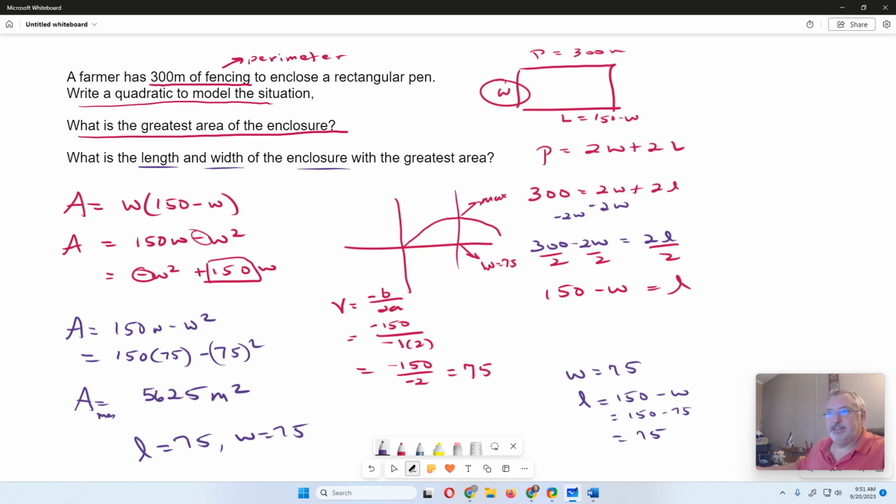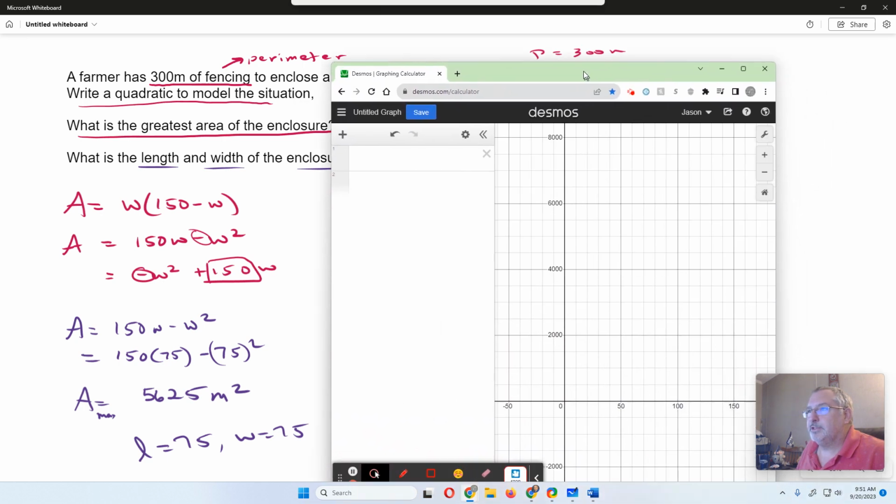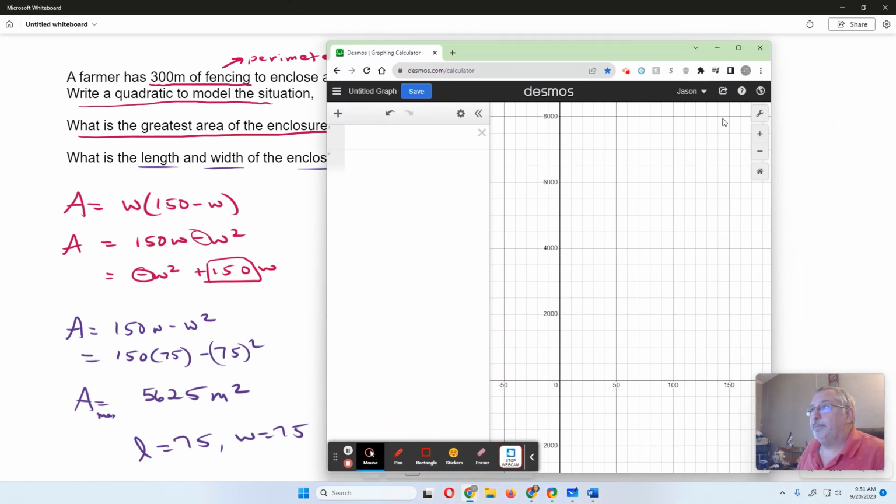And just so that you can understand this, I've got the Desmos graphing calculator here as well. I like to use it to help model situations. So here we're going to change this into y equals, and I'm modeling this function right here, 150w minus w squared.